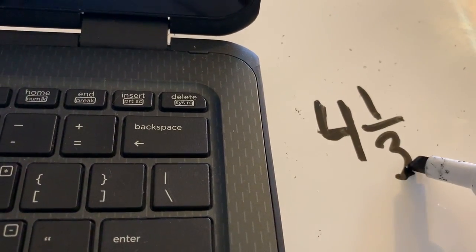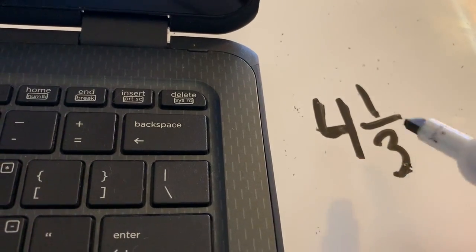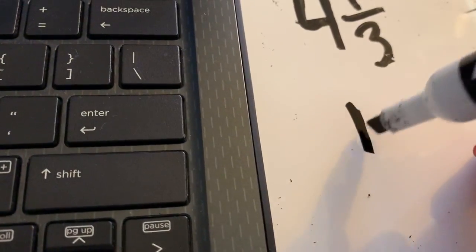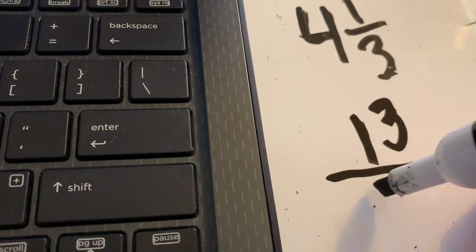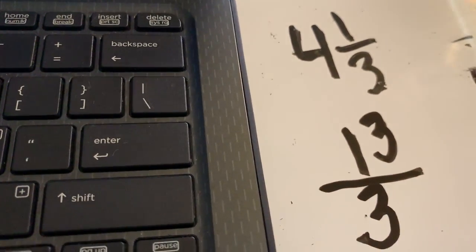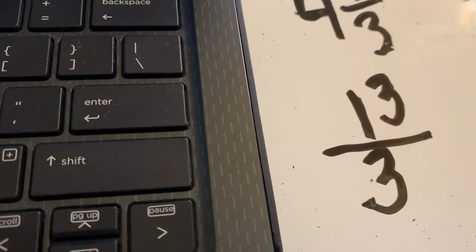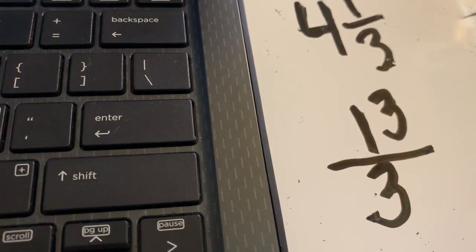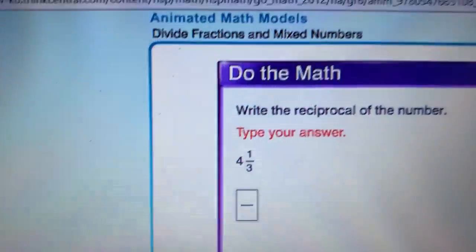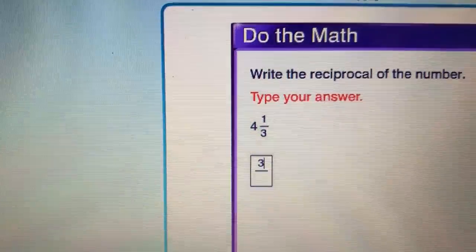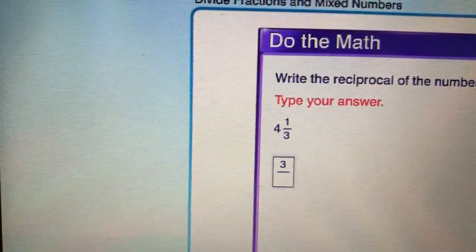So 4 times 3 is 12 and 1 is 13, and you keep the denominator. So your fraction is 13 over 3. However, to make the reciprocal of 13 over 3, you have to flip it. So your answer is going to be 3 over 13.